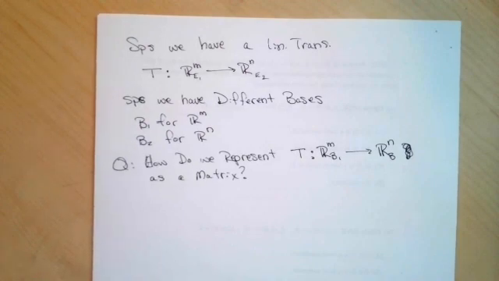The matrix we come up with is the linear transformation relative to the choice of bases. As soon as we have a different set of basis vectors, we're still going to have the same linear transformation. It's going to behave the same on the same vectors. However, because we've changed our reference frame, we've changed how the coordinate grid looks on our vector space, and now all the vectors are going to look like different linear combinations, and the way the linear transformation acts is going to look different in matrix form.